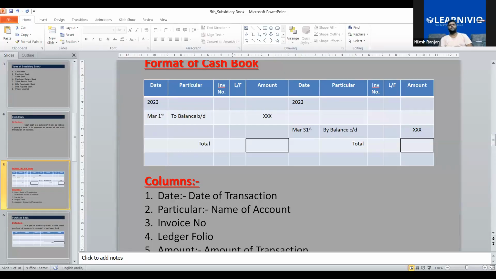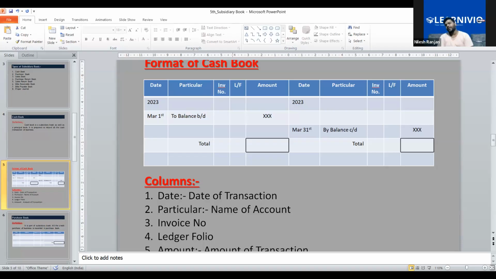But LF was also in that ledger chapter, right? No, that is JF, journal folio. Sorry, I kept confusing them. Invoice number was the only difference.